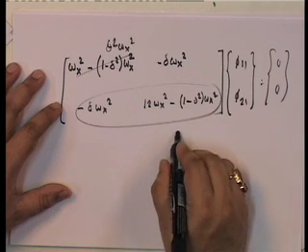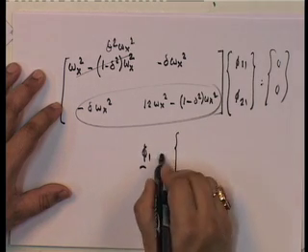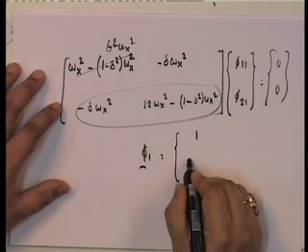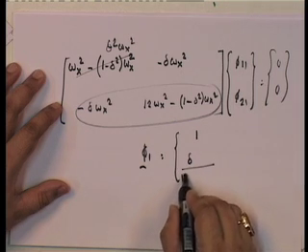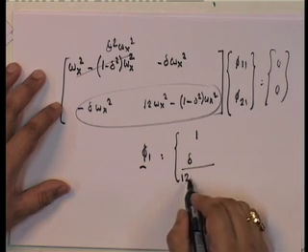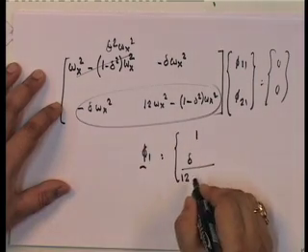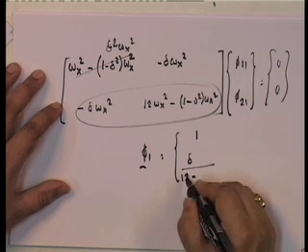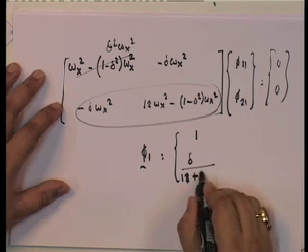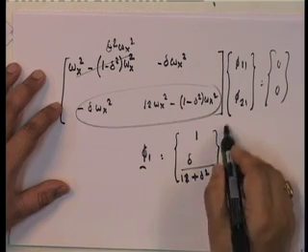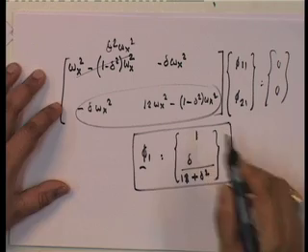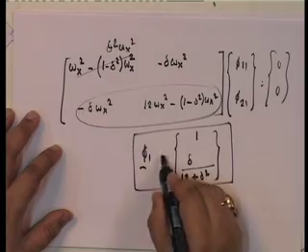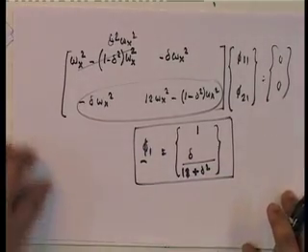So, phi 1 becomes equal to 1 and the other one becomes delta upon 12 omega x squared, and omega x squared cancels out, 12 minus 1. So, that becomes 11 plus delta squared. That becomes your first term phi 1 1, and similarly you can get phi 1 2.